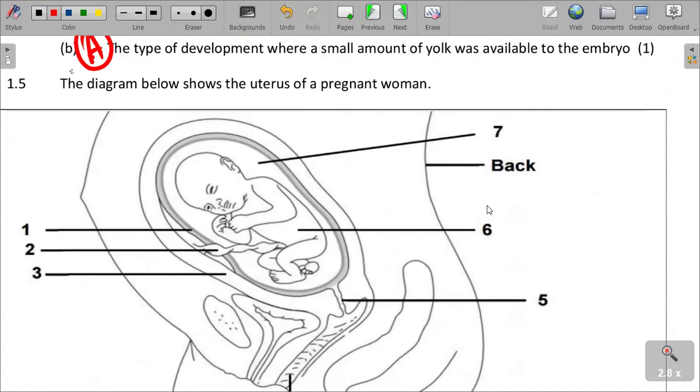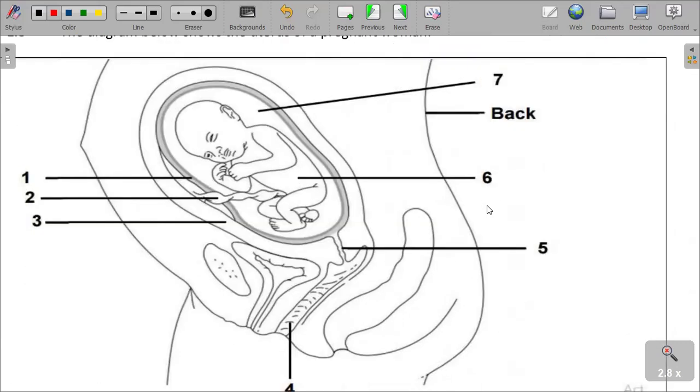We have got uterus of the pregnant woman. This is also quite an interesting one. We are given a woman who is pregnant, and then now they are. It is quite important that before we go to exam, we are able to relate and answer these questions, I mean, the information should be on our fingertips.